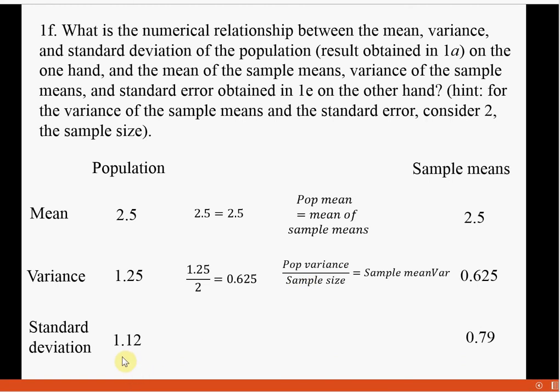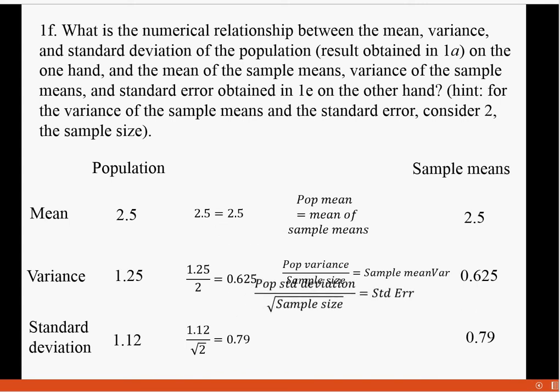Now what about the standard deviation? The population standard deviation is 1.12. How is that value related to 0.79? Well, the relationship is this. If you use 1.12, the population standard deviation, divided by the square root of 2, that should give us 0.79.